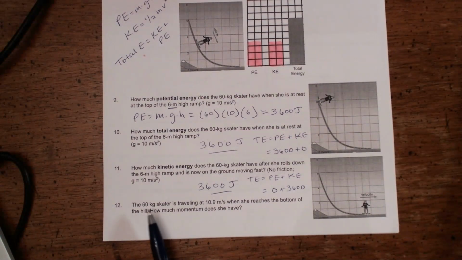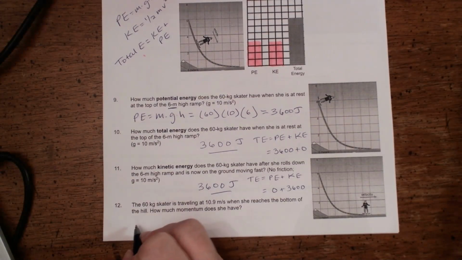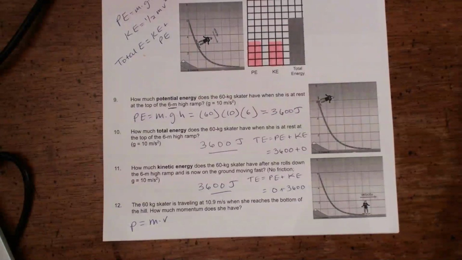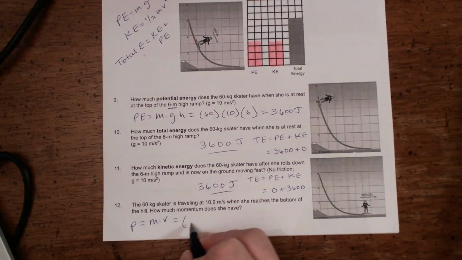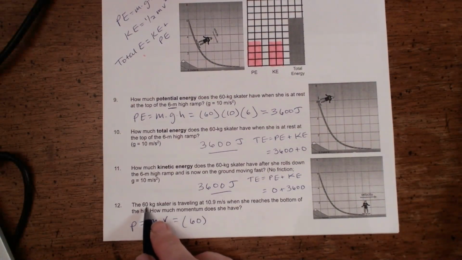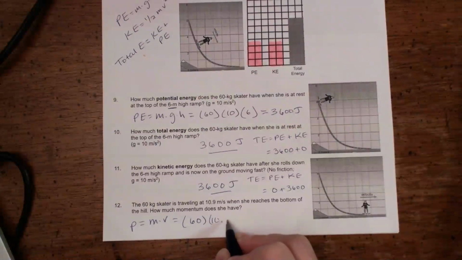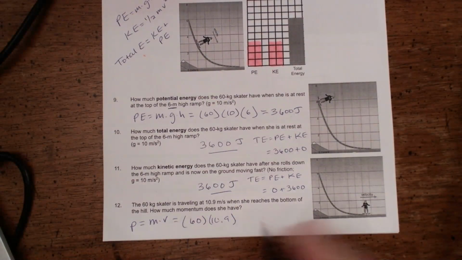Okay, final question. She's traveling at 10.9 meters per second when she reaches the bottom of the hill. And so, how much momentum does she have? Remember, momentum is mass in motion. The way we calculate momentum is mass times velocity. Remember, P is our symbol for momentum. So we're just going to take her mass of 60 kilograms and her velocity, which is given to us, 10.9.